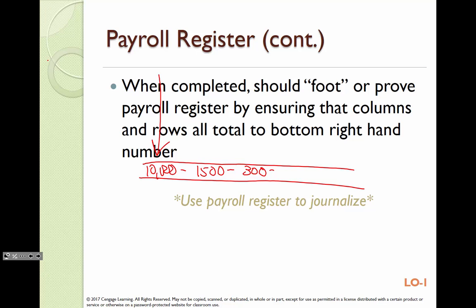At the end, you need to make sure that your net pay total's coming down and going across. That's called footing and cross-footing. And that just guarantees that your numbers are all correct. Okay, so don't forget to do that on your payroll register. You'll catch all your own errors before you hand it in to me. Obviously, in the computer, it does that.